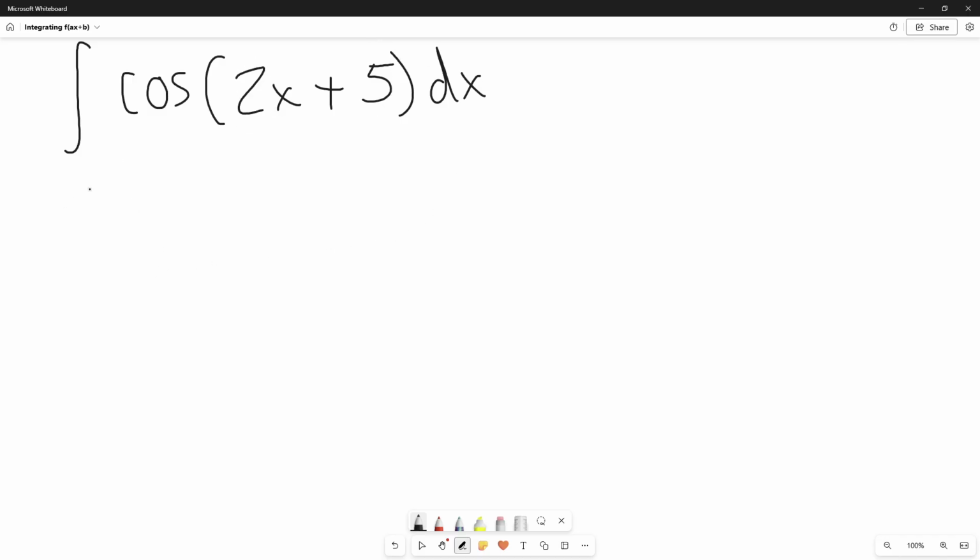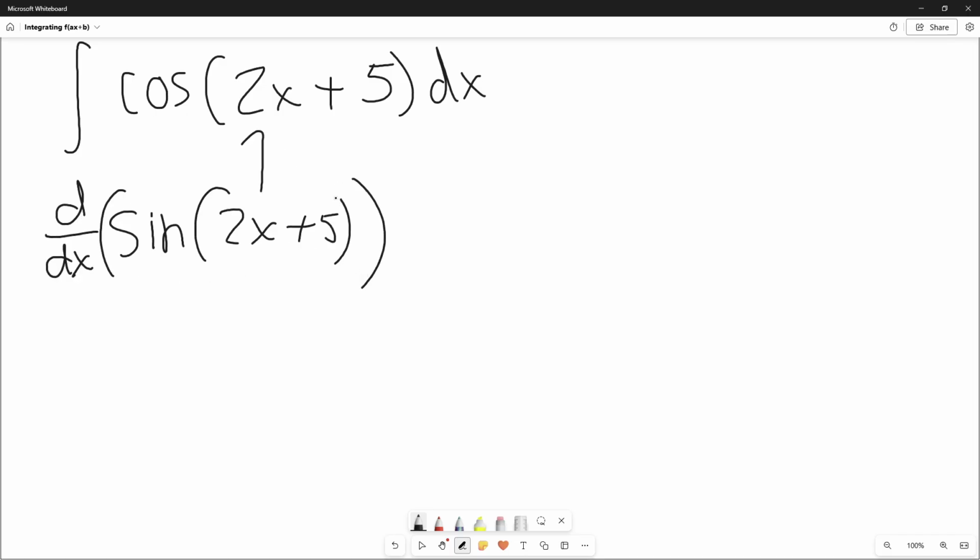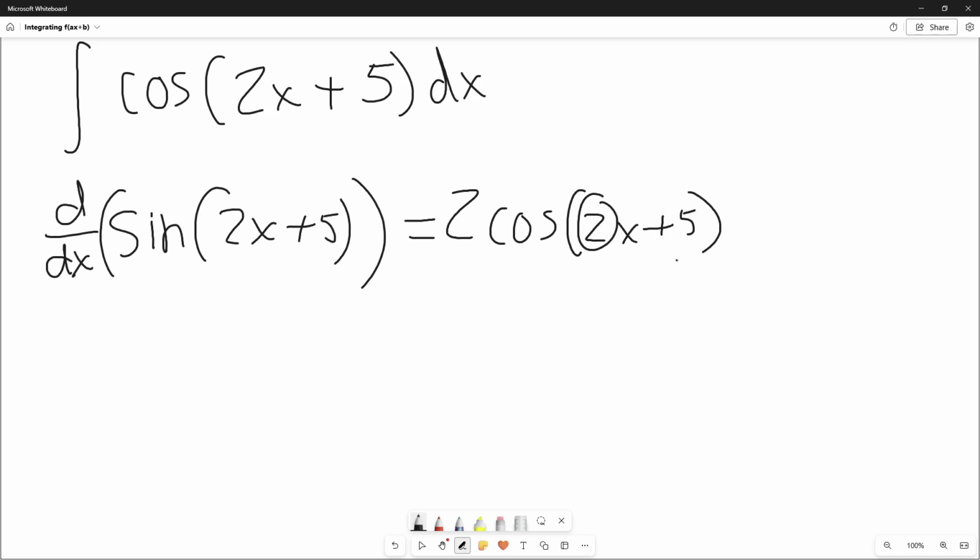And let's just try thinking what the integral of cosine is. That's sine. So let's try taking the derivative of sine of (2x plus 5), because just intuitively we know we're going to get something similar to this if we do that. So that's just going to be cosine of (2x plus 5) times 2, chain rule.